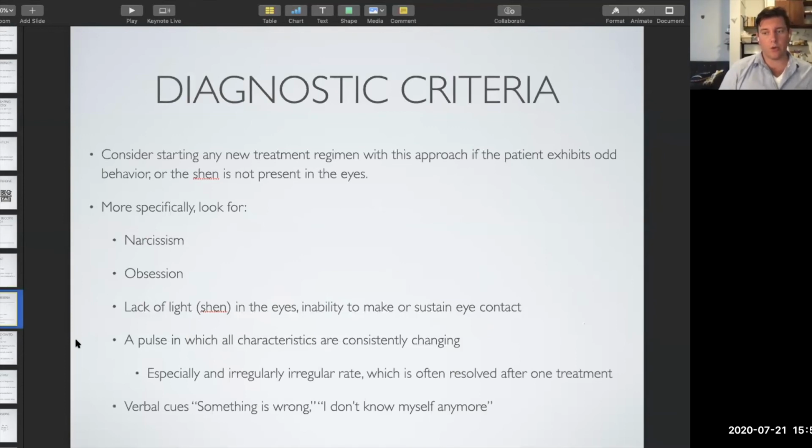So how do you diagnose someone with possession? You're looking for odd behavior in the patient, like a lack of shen present in the eyes. It almost looks like their eyes are clouded. So this is going to fit a lot of the phlegm misting the heart criteria. But the traits we're looking for the most are narcissism, obsession, lack of light in the eyes, a pulse which is changing consistently under your fingers.